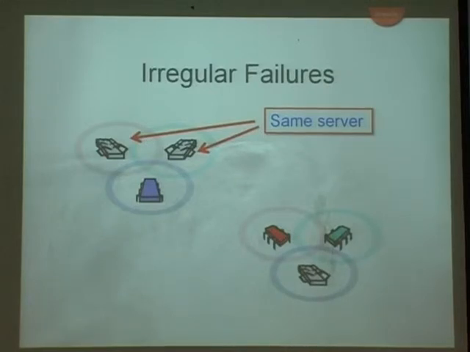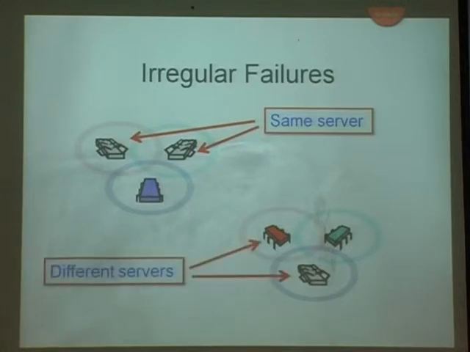And so we'd like to be able to reason about these sorts of situations. In particular, you might say, these two might fail together, but I know that the purple and the red will never fail together. Or if they do, then we're in big trouble. So we'd like to be able to talk about models where we know that some things fail together and other things don't fail together.